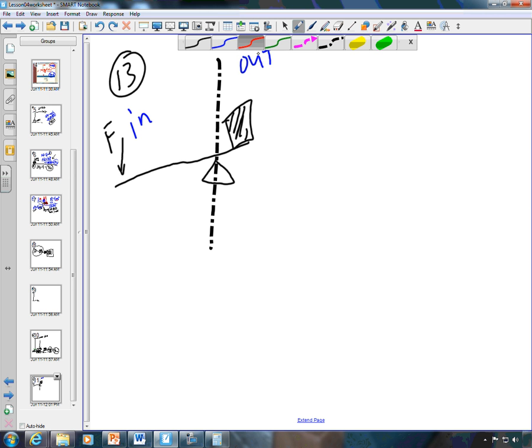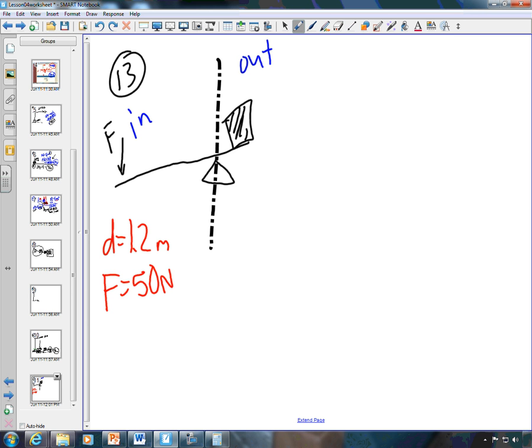So we're going to go through 1.2 meters on the input section, and the force is 50 newtons. Now the output section, the force has to be 300 newtons, and the output is 0.2 meters.